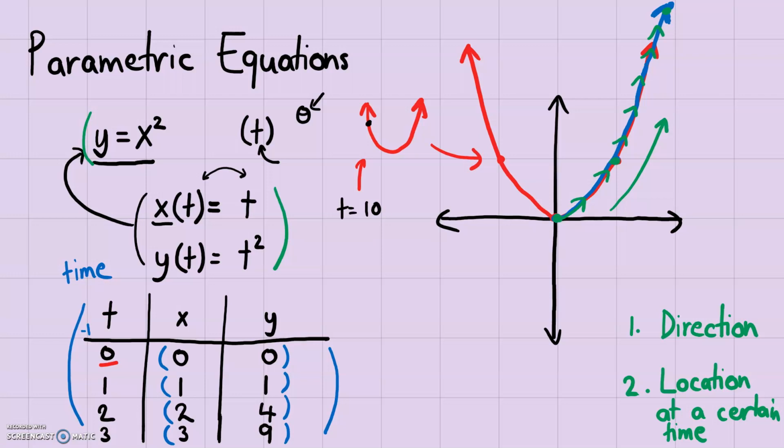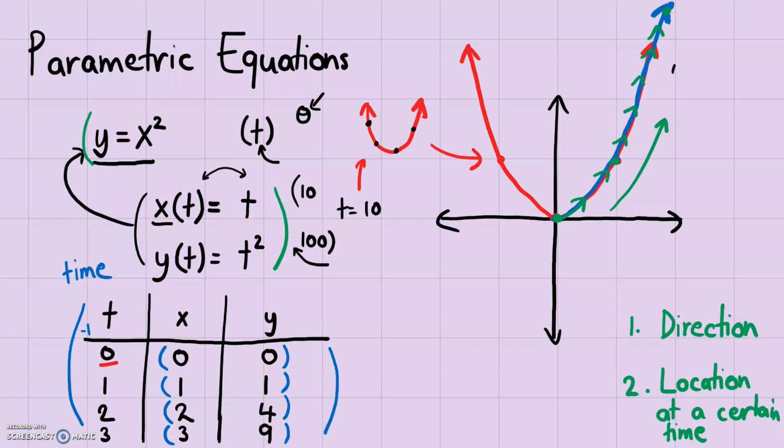Right? We don't know if the object is here or here or here or here. It has no information as to where the object is at a certain time. But if we're looking at the parametric equation, we can find that when t equals 10, the object is going to be at 10, 100.